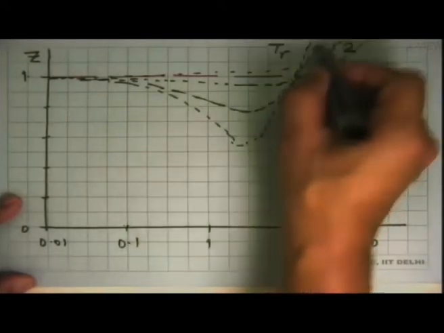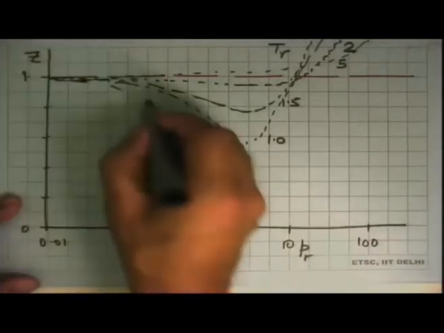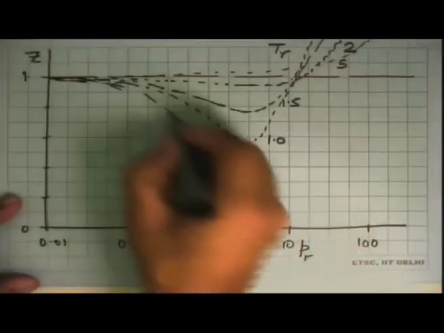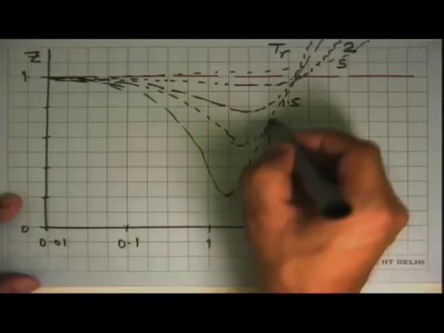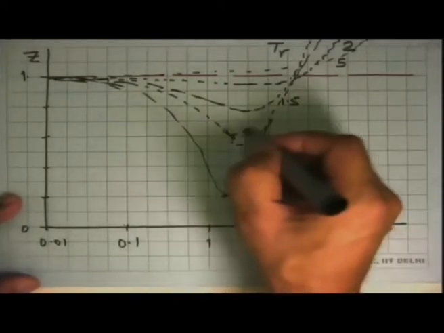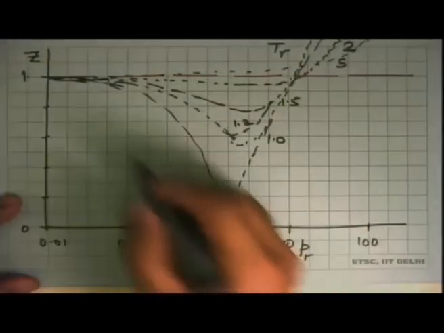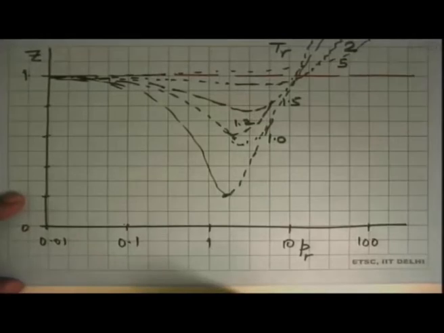At 1, it will come there. And so 1 will actually be at the critical point, so it actually will come somewhere there, around 0.2, and then go. So you can consider this to be like 1.2, this to be 1. And below that, you have a curve.